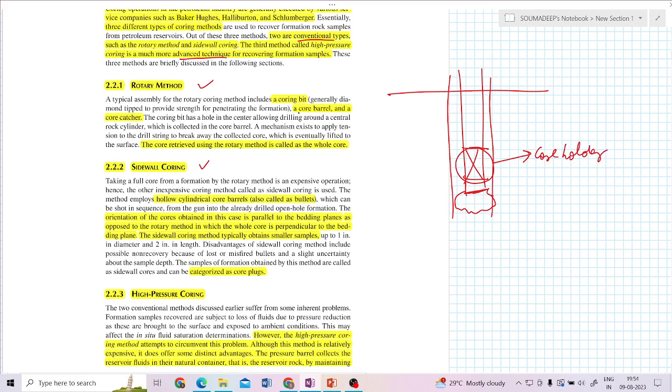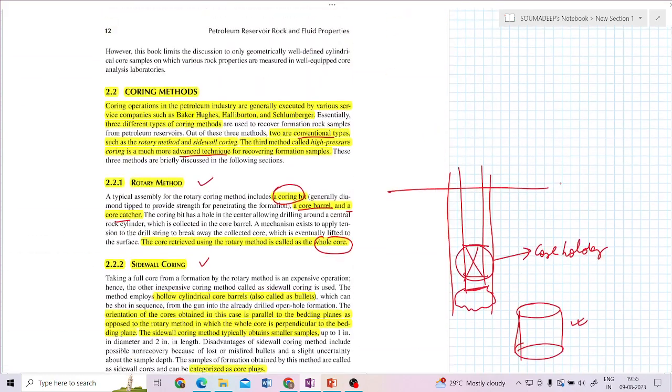You can see a core. It has a core barrel, a core catcher, and it uses a coring bit. There is a certain method for that which you need not know. But the core which we take is a whole core. As you can see, we are taking it from a core holder. The core is sufficiently large. If you want to see the diagram, first I will show this.